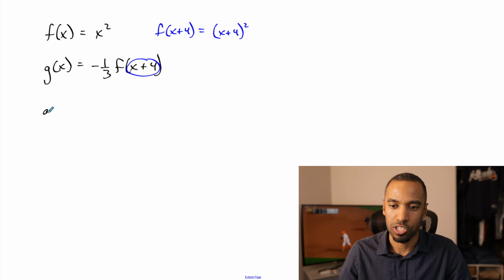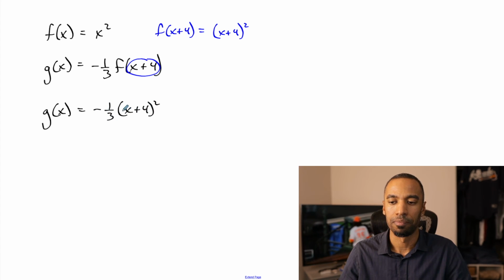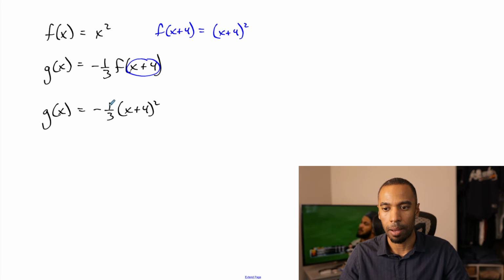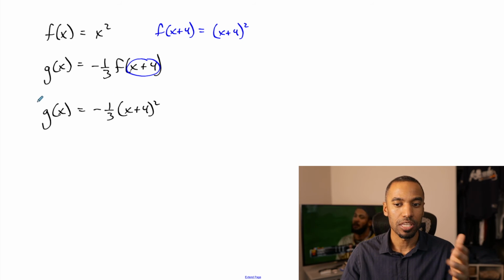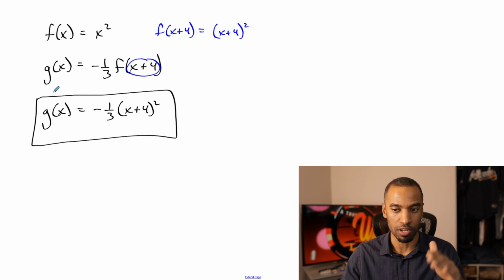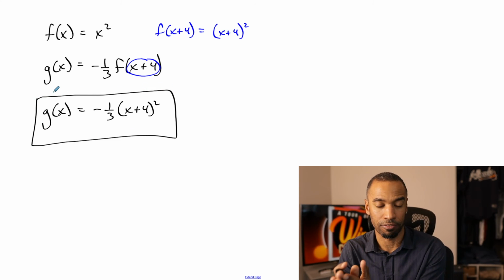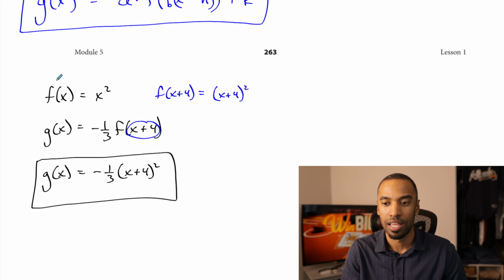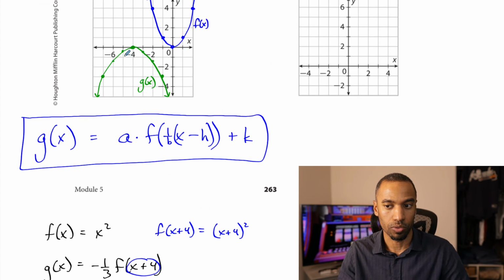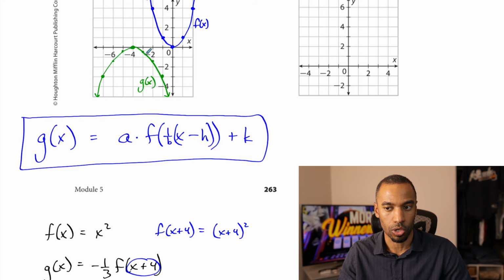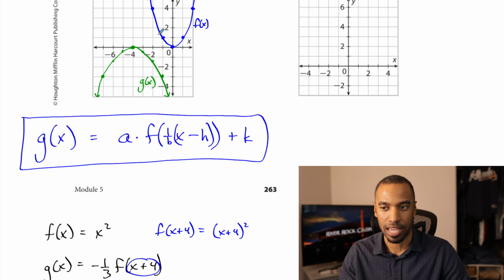So g of x is going to actually look like this. It's negative 1/3 times x plus 4 quantity squared. And if you know what to do with these parabolas, as in this is your a value, we still do the same stuff, but this is what the actual equation for g of x looks like. This is the actual graph of y equals whatever. You can go to a graphing calculator. This is the graph you're going to see. And this is the x squared. That's what you're going to see.